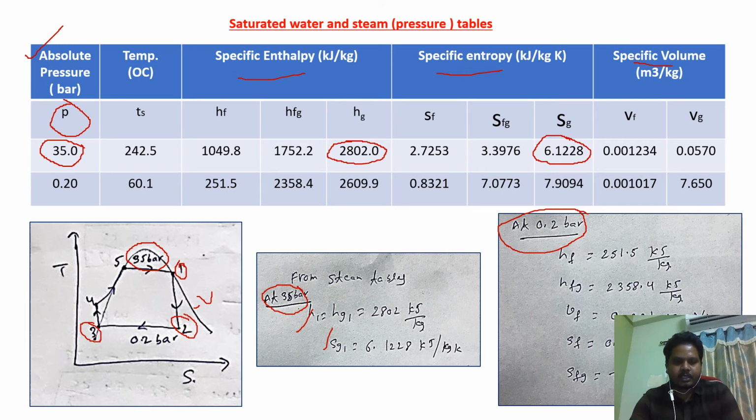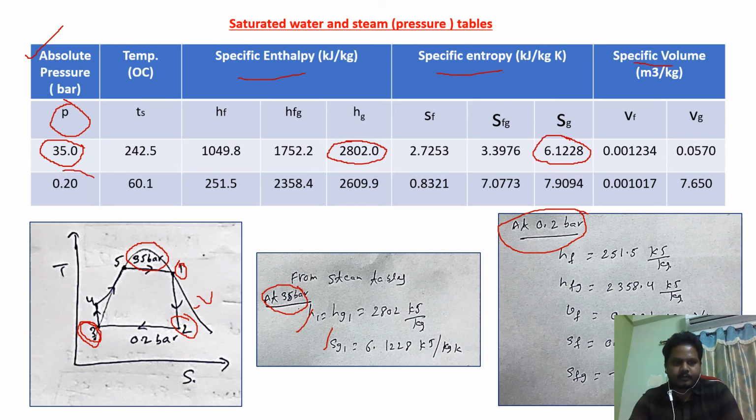Pressures are equal, P2 equals P3, and also HF2 equals HF3. Since point 3 is on the saturated liquid line, we have to take the Hf value, Sf value and Vf value.